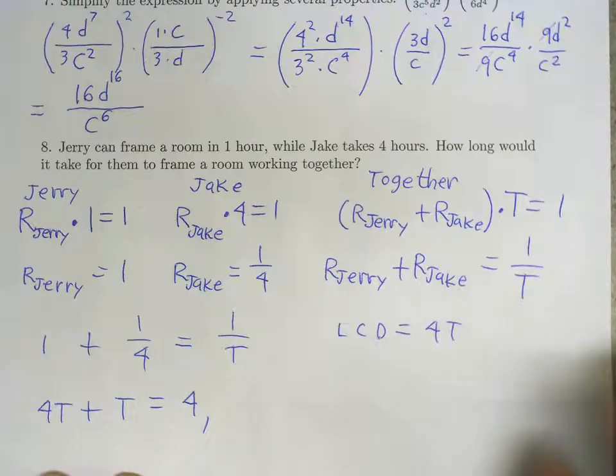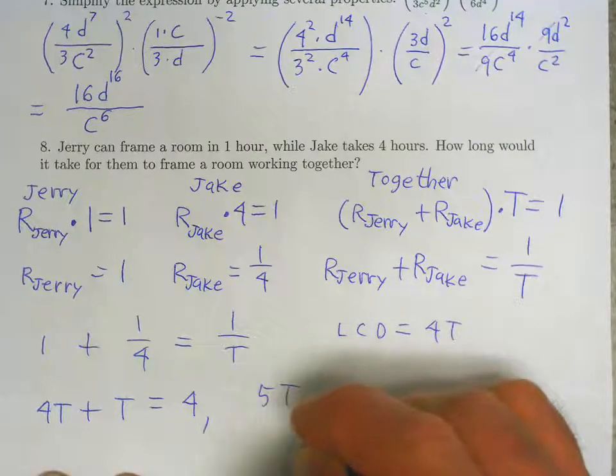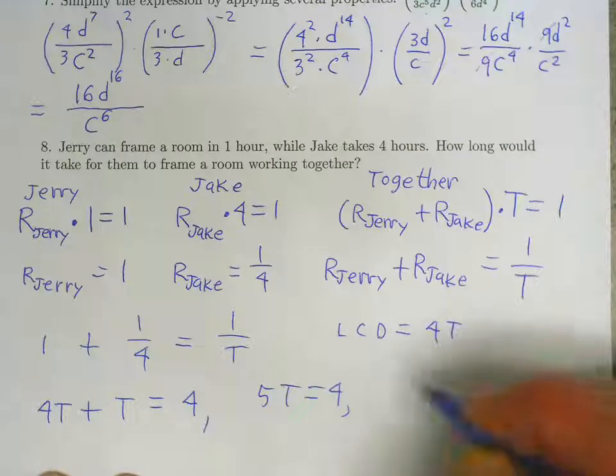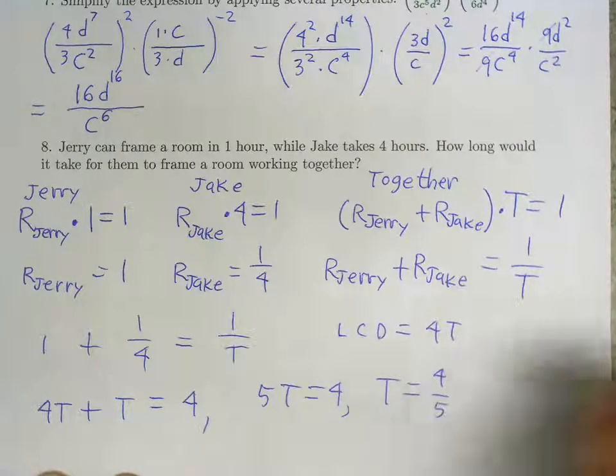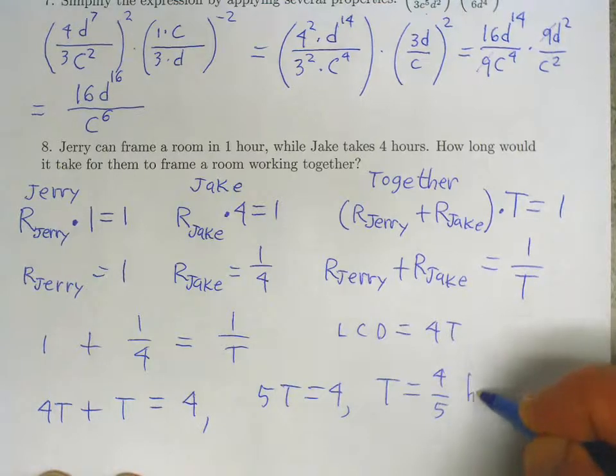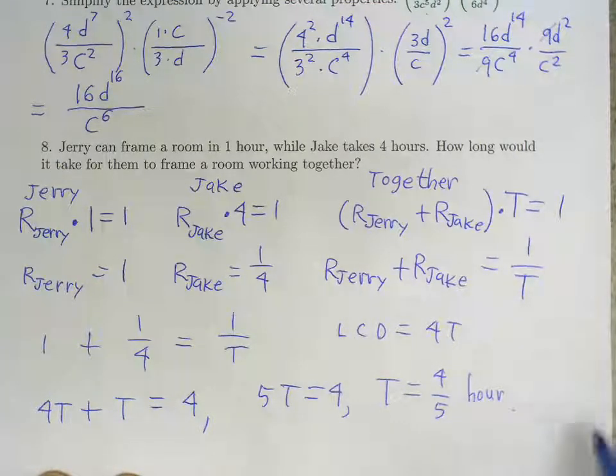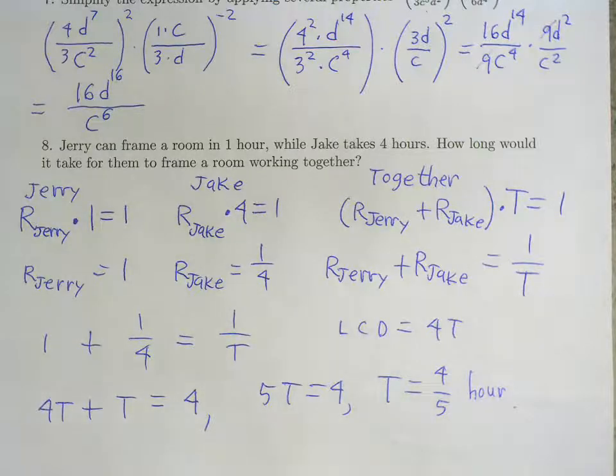And then 5t equals 4. Divide both sides by 5, t equals 4/5 of an hour. So 4/5 of an hour is 48 minutes. But we'll just write the hours units, 4/5 of an hour.